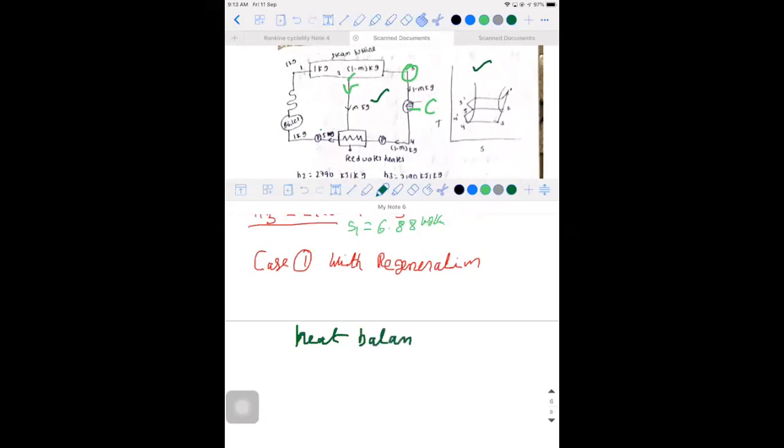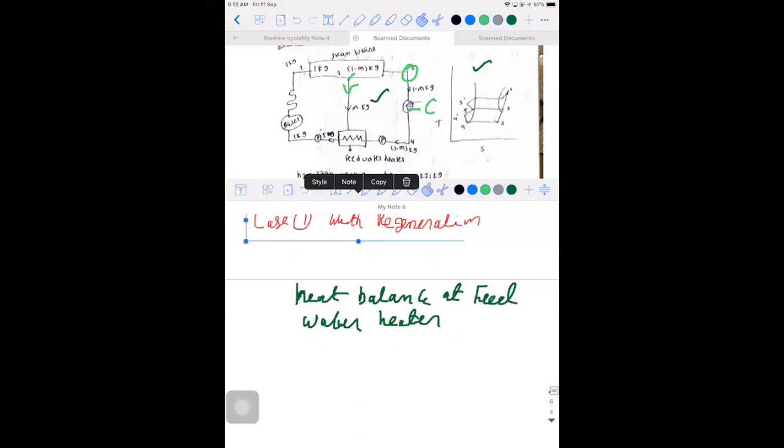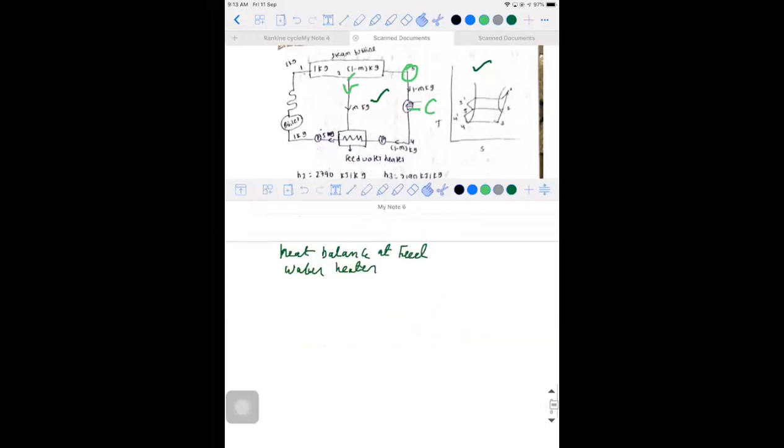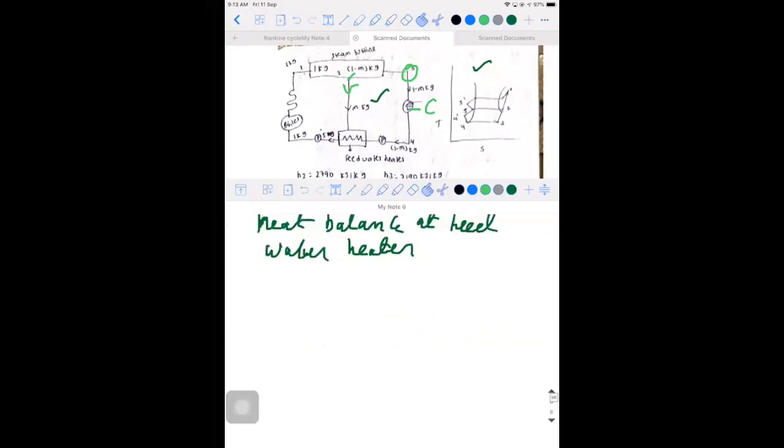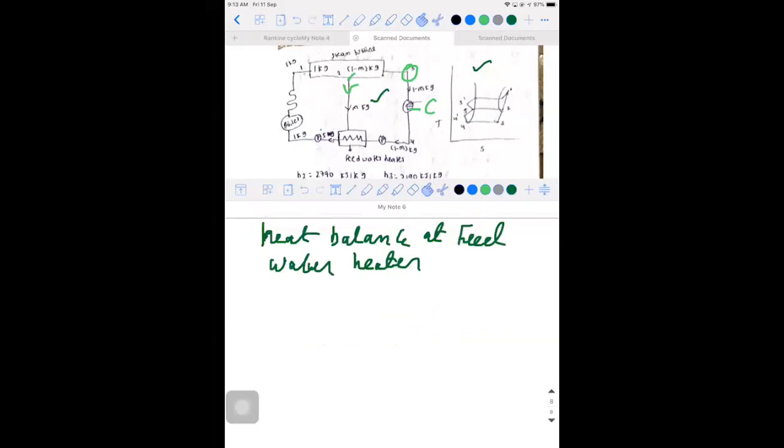Heat lost by the m kg of steam is gained by 1 minus m kg, which is the feed water.